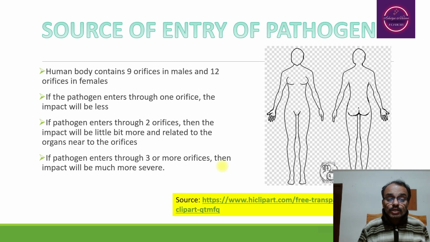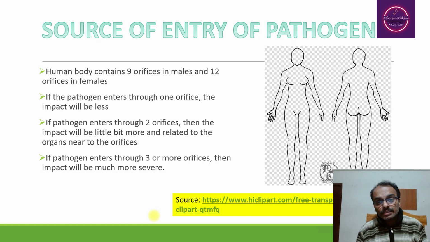Now let us look into this particular information here. So here, what does source of entry mean? That means the area where the entry of pathogens can happen into the body.